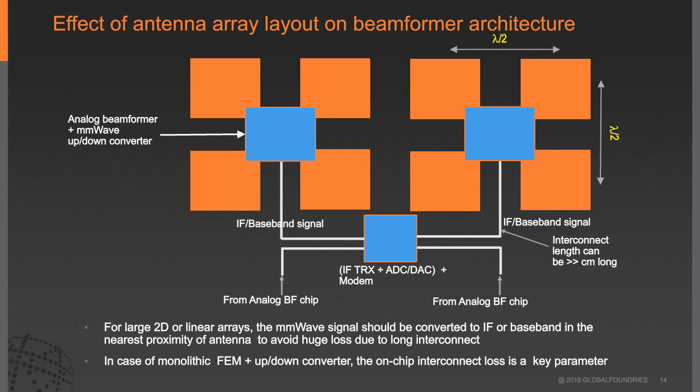And then you can have ADCs, stacks, and modems to get to baseband. The distance between the antenna elements of a phased array should be lambda by 2 for ideal beamforming. So for 30 gigahertz, the distance is 5 millimeters as an example.